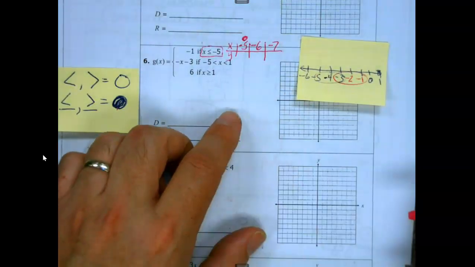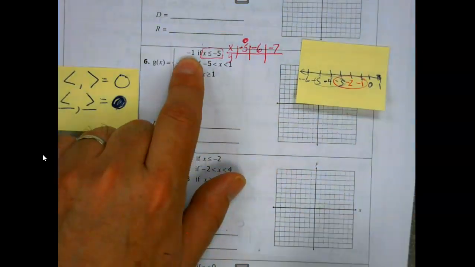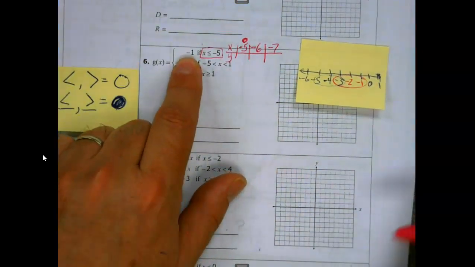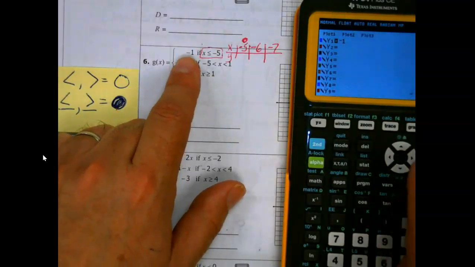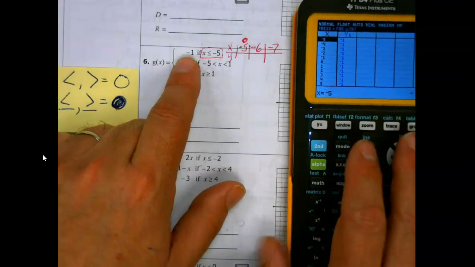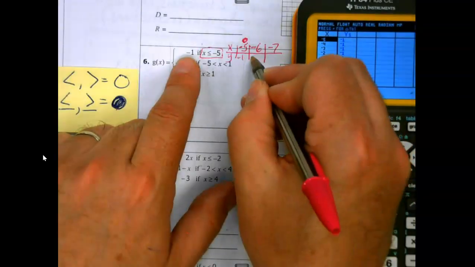We learned from the last one, if there's just a number here, we'll take a peek at it one more time, but I think we kind of know what's coming. All the y's are going to be negative 1s.